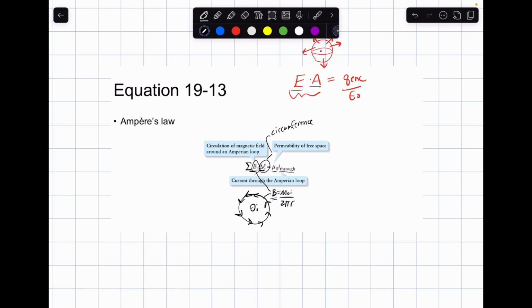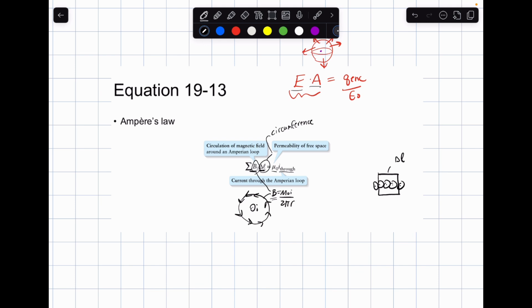And so that loop can be a circle, that loop can be a square, okay? So if I have a bunch of currents in a line coming out of the page and I draw my loop like this, the delta L here is going to be the perimeter of my loop.